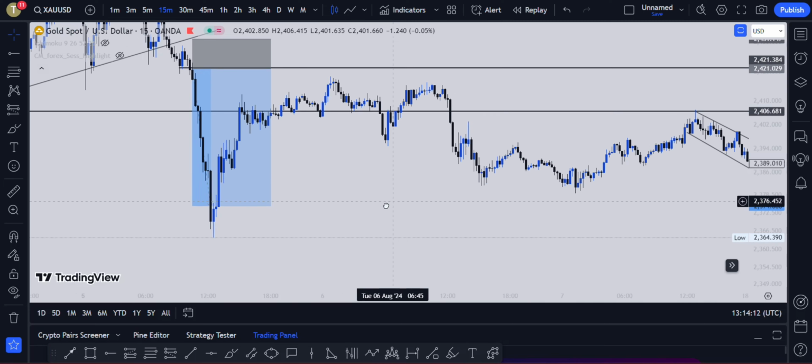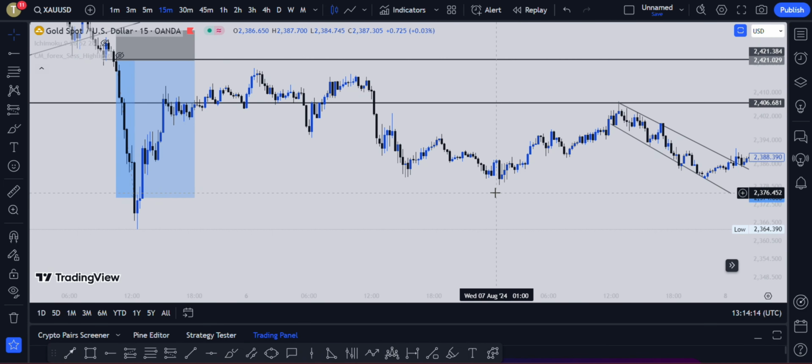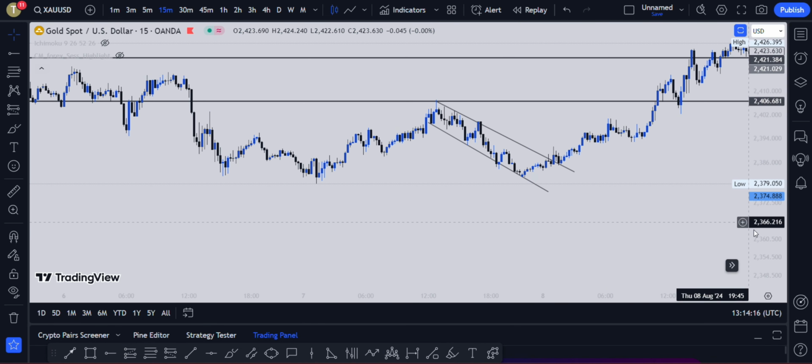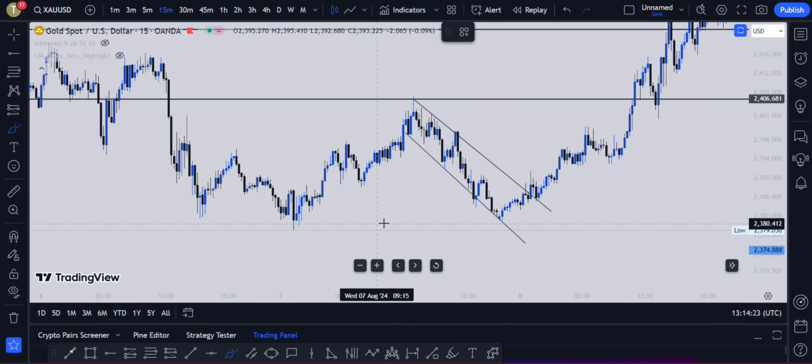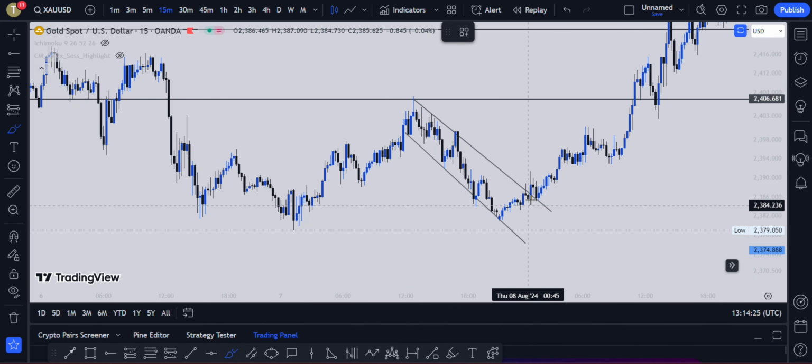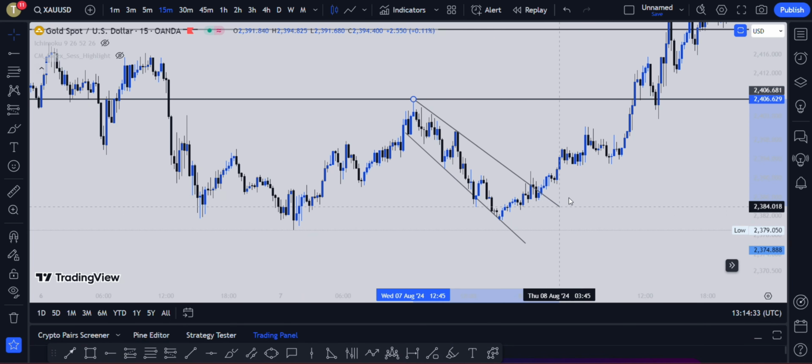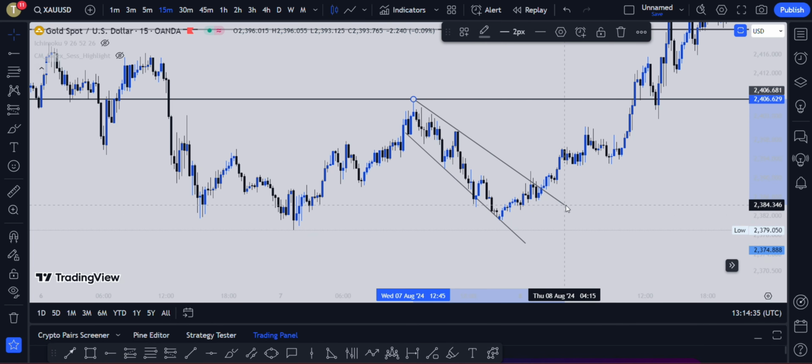And this is another one, another channel. Good. This is another channel. We have our channel here. And each time price breaks above this channel, we want a retest, then we hop in. So they gave us this break of this channel, or you might even want to have this channel to this level here.